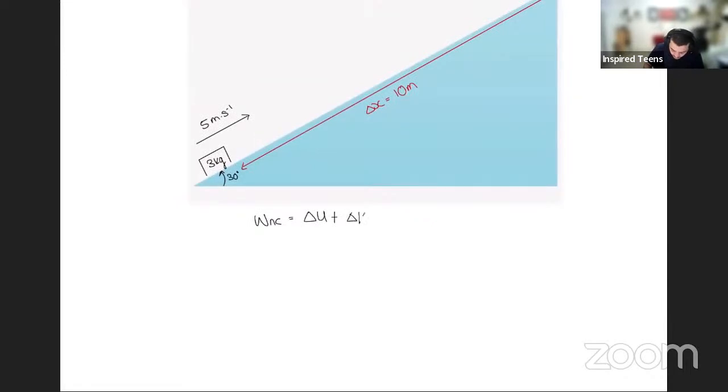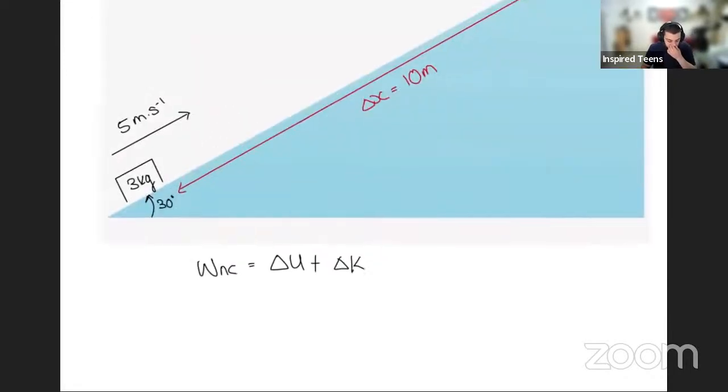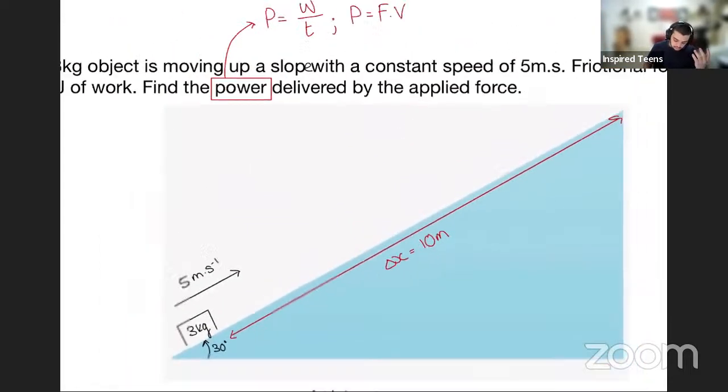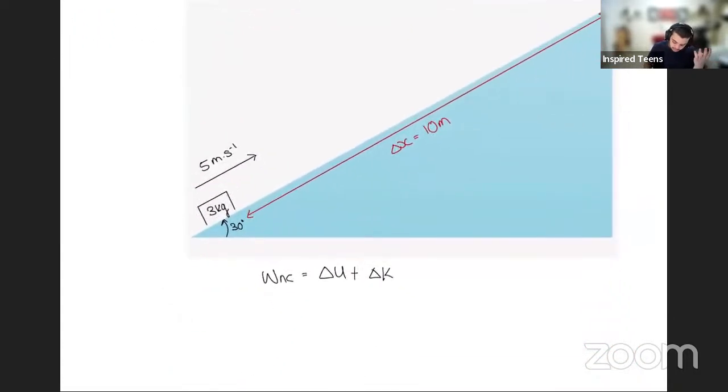Remember W_NC, delta U works with height and mass, both of which we're working with, and delta K works with velocity. And we have, of course, mass and velocity.